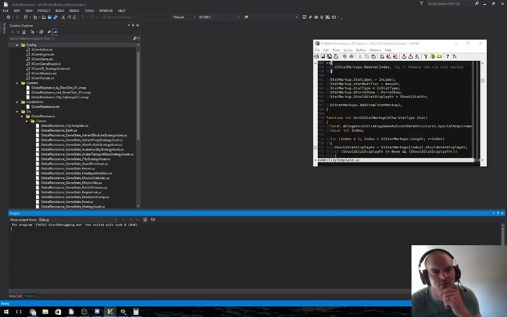Oh, the structure definition. The structure build out remaining. Yeah, right. So that contributes to it. And it's just got the name.